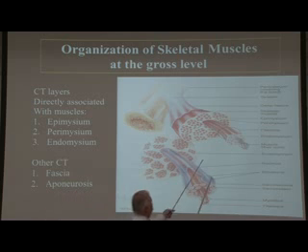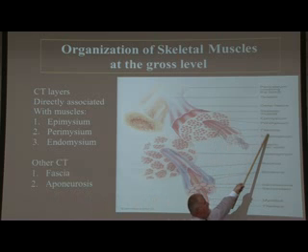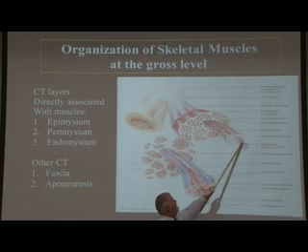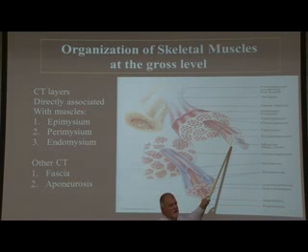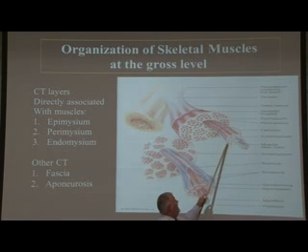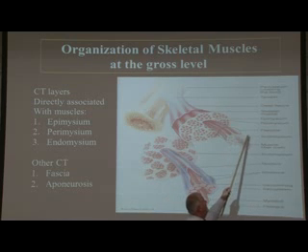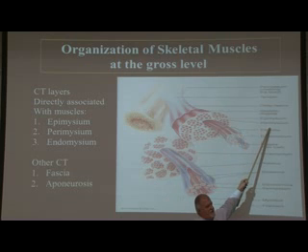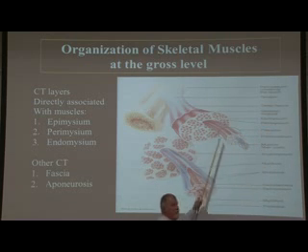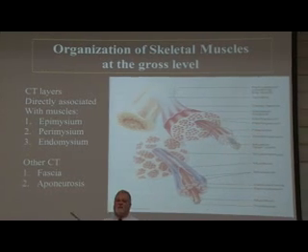So a subunit of a muscle is a fascicle. A fascicle is a group of muscle cells that make up part of a muscle. What keeps a fascicle together as a unit is the perimysium. So the epimysium is around the entire muscle.